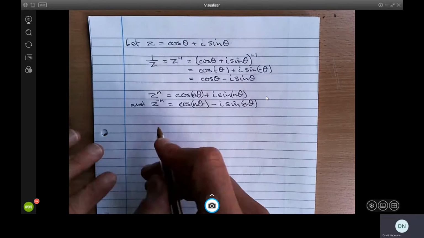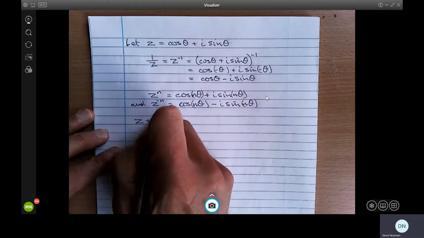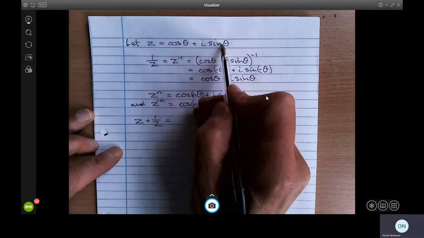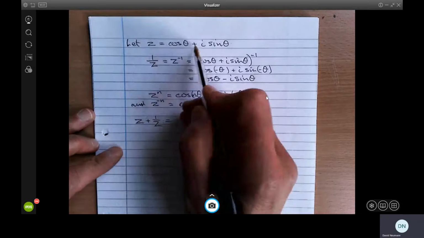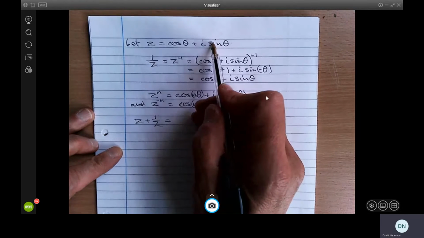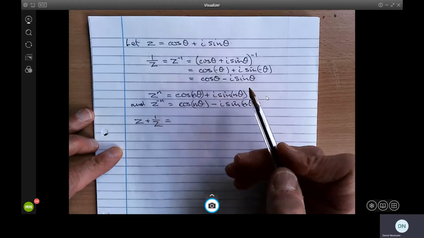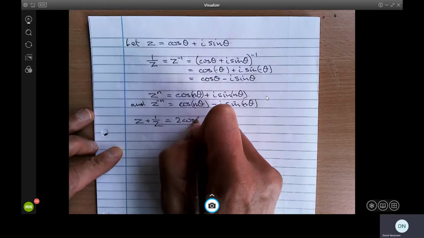So why are we writing all this down? Well, because Z plus 1 over Z is equal to, so we're going to add this to this. When we do that, the positive i sine theta here and the negative i sine theta here cancel each other out, and we get 2 cos theta.